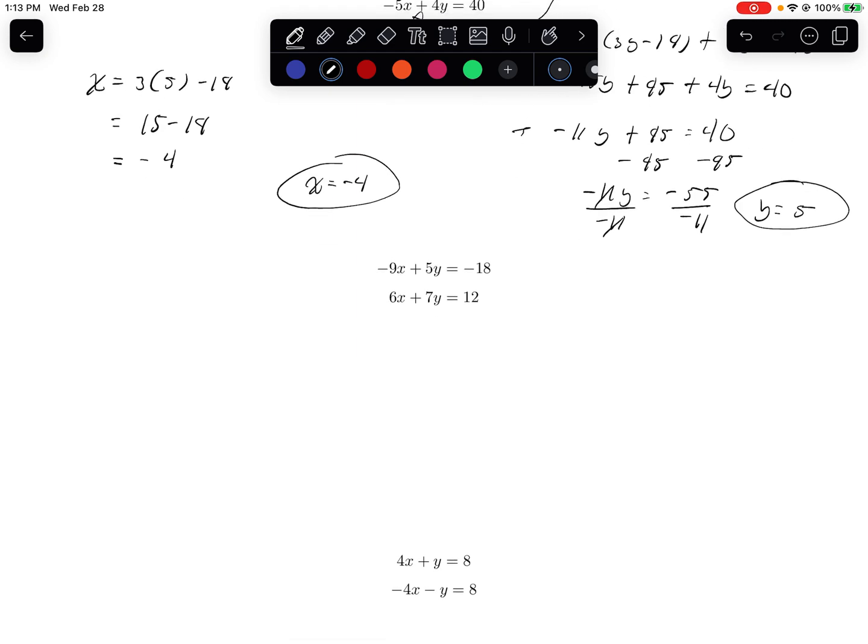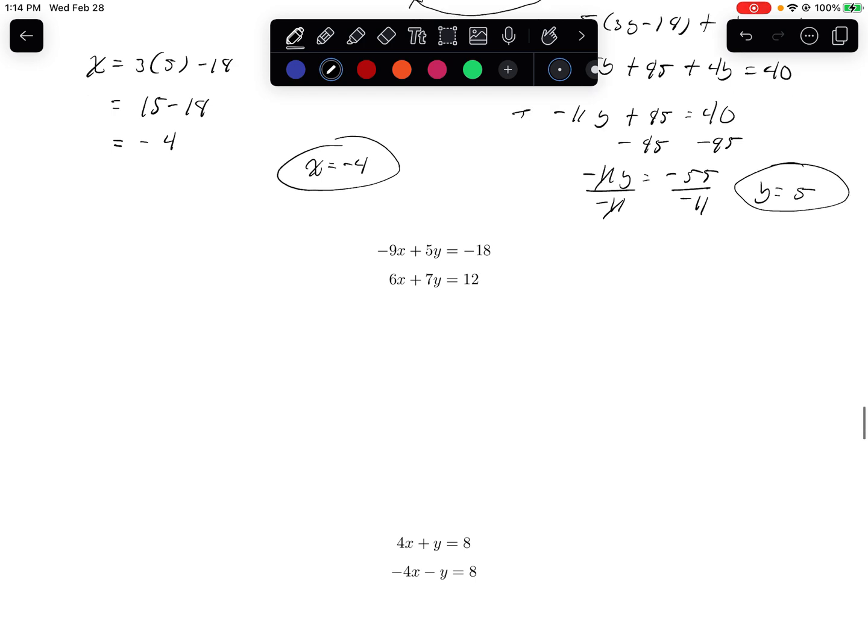Okay, how about this one? Here we have negative 9x plus 5y equals negative 18, and 6x plus 7y equals 12. Okay, well, let's see what we can do here. All right, so I'm thinking we can try to eliminate the x's here. We're going to have to do some basic multiplication to make this happen. So let's go ahead and multiply this equation here by 6, and we're going to multiply this equation here by 9. And that's going to allow us to get a common number here for the x coefficient.